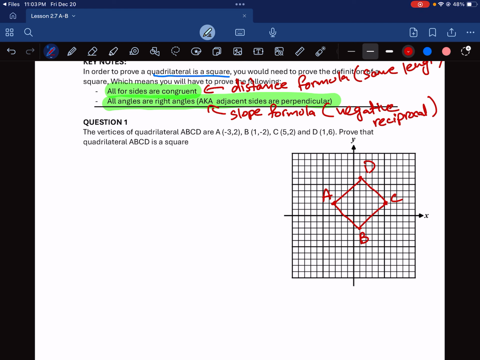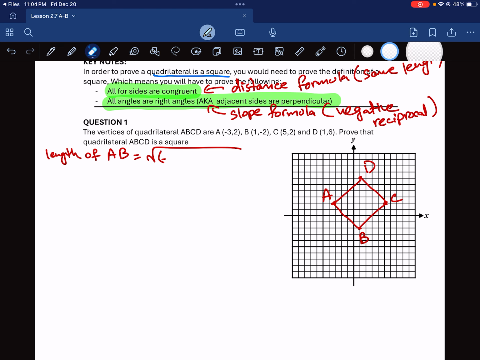First I'm going to prove that all four sides are congruent. So I'm going to find the length of AB, and I'm just going to substitute.